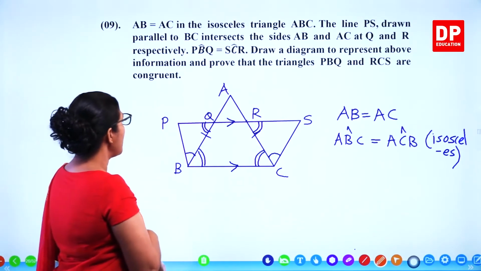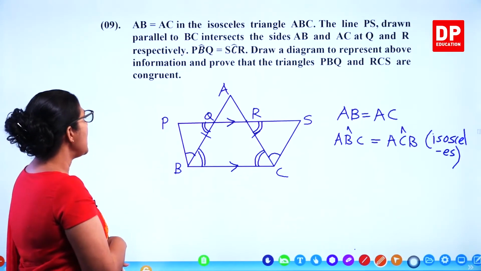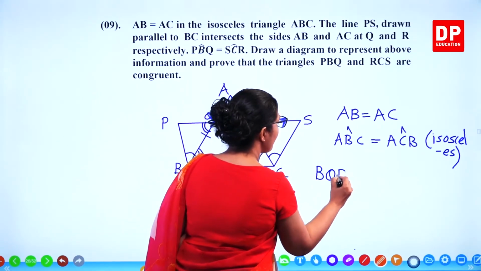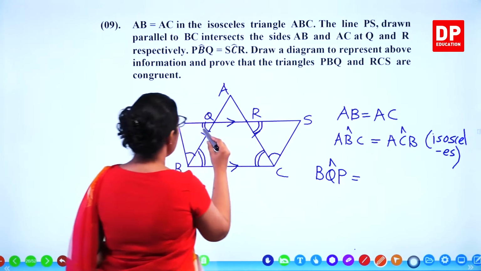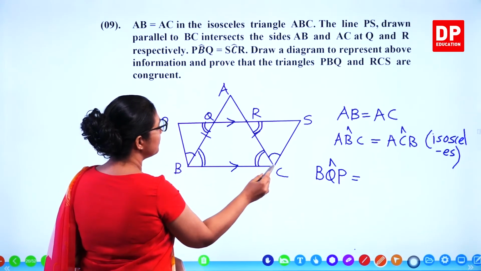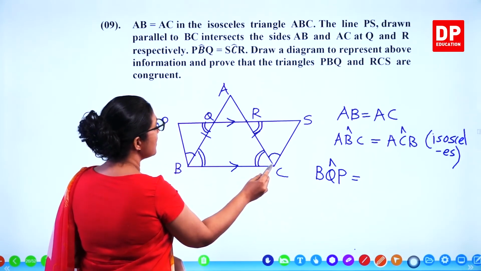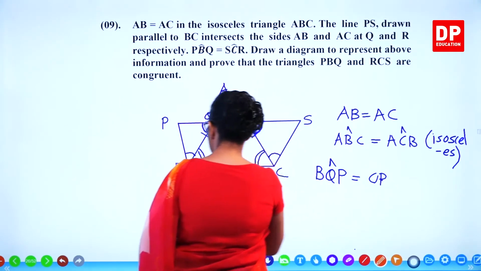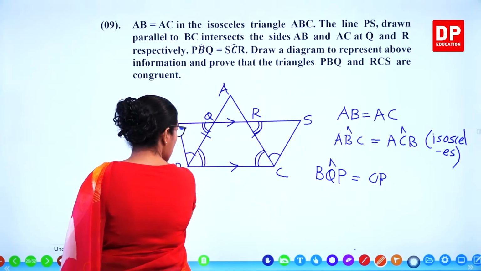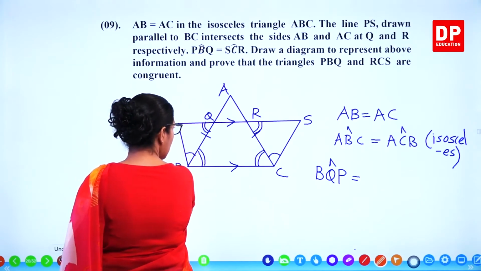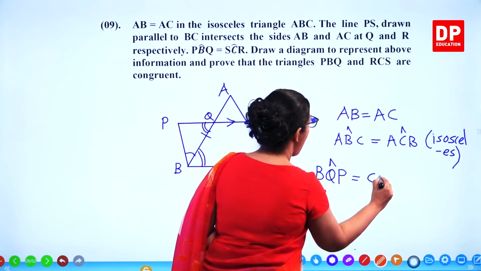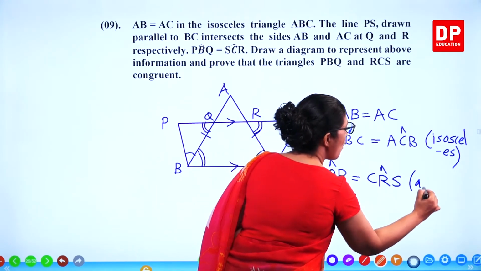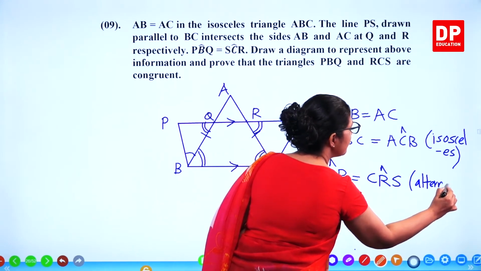So we can write BQP angle is same as, what's the other side? CRS angle because of alternate angles.